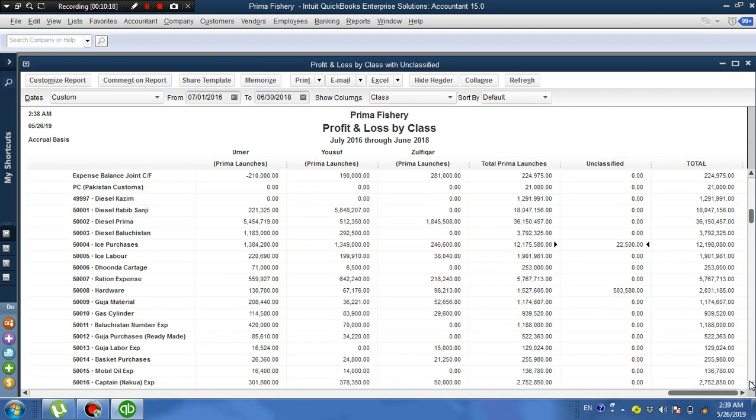The unclassified expenses are those expenses to which we have not allotted any class or any job. These are actually expenses which occur maybe outside of the boat, apart from the boat expenses, which are paid by the company.